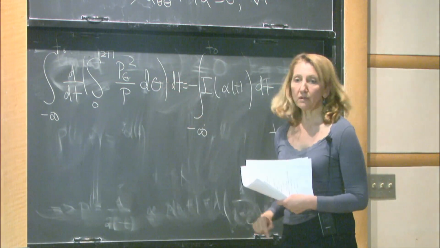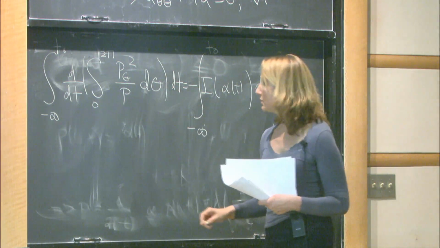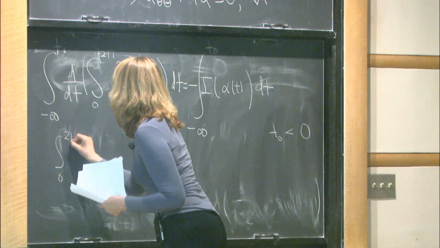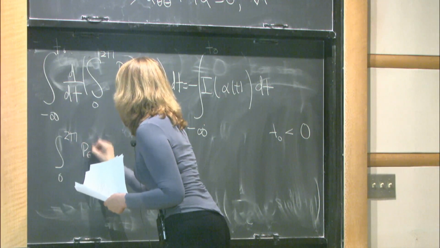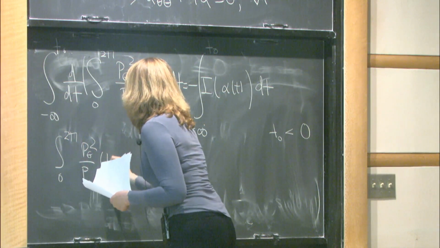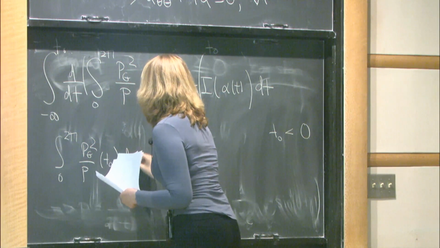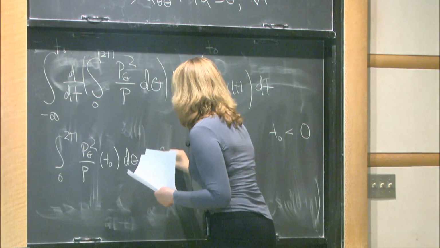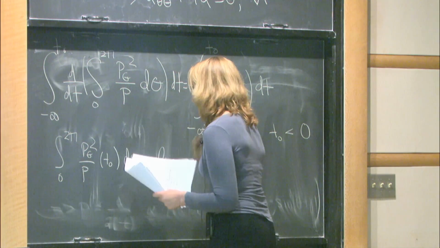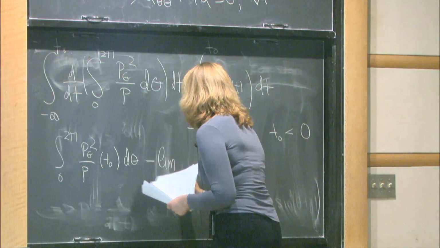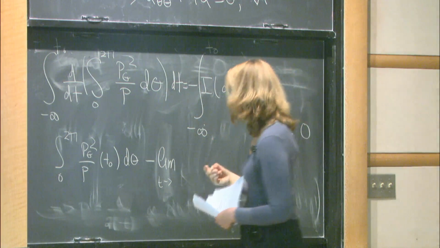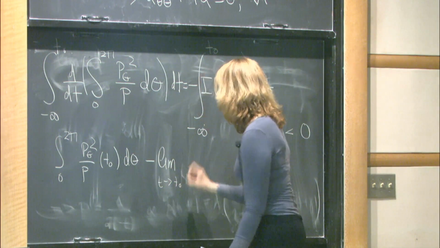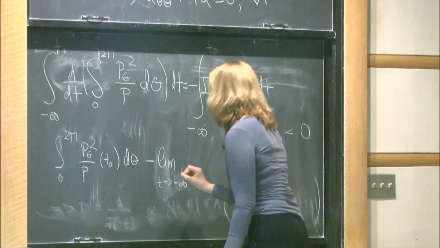Here you do the integration. So what is this? This is the integral from 0 to 2 pi of p theta squared over p at t naught d theta, minus the limit. Let's say that the limit exists. It may not exist, but otherwise you do some lim sup to bound it. But let's say it exists to make things simple.